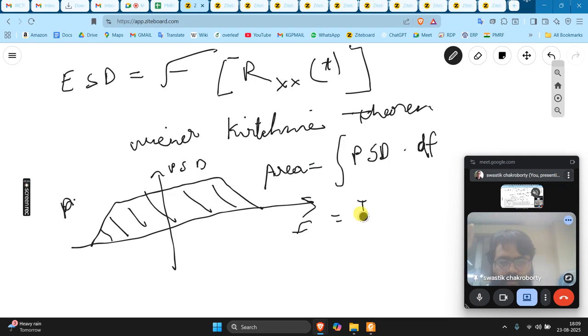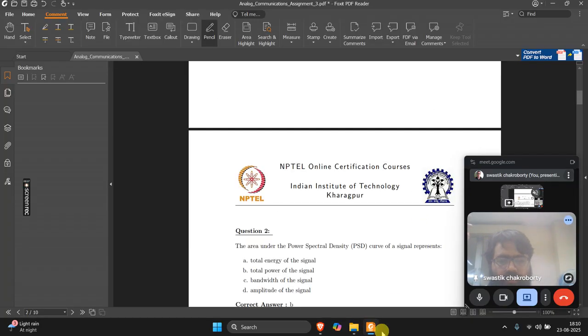So when we integrate it over the entire range of the spectrum, what we get is the total power. So the area under the curve of PSD is total power. So the answer is total power, option B.